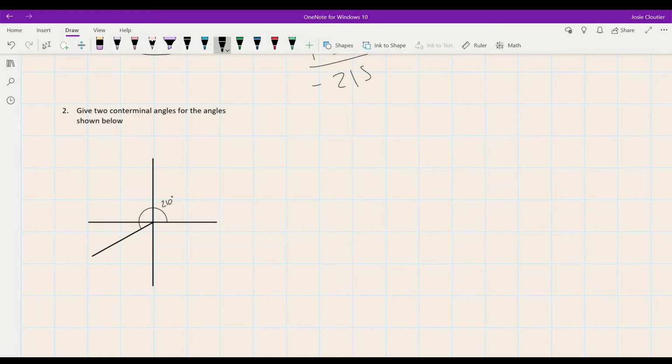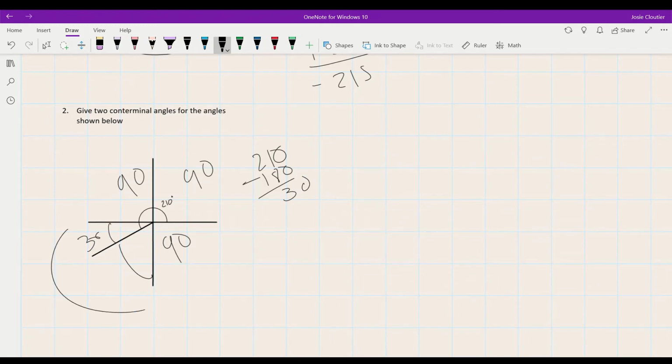So we'll add 90 for this quadrant, and then we need to figure out how much to add here. Well, we know this is 90, this is 90, so what must this be? So 210 minus 180 equals 30, and so if this is 30, and this entire part is 90, we know this must be 60.